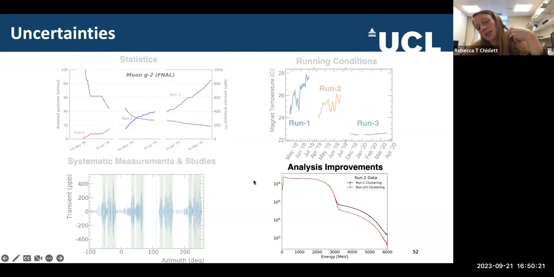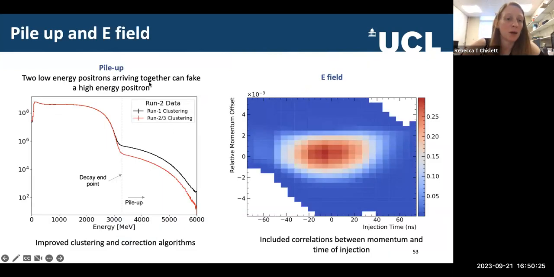And then lastly, just to run through quickly some analysis improvements. So one of these was the pileup. So if you have 2 low energy positrons that arrive at the same time in the calorimeter, you might reconstruct this as just 1 high energy positron, which could then enter into your spin precession measurement incorrectly.